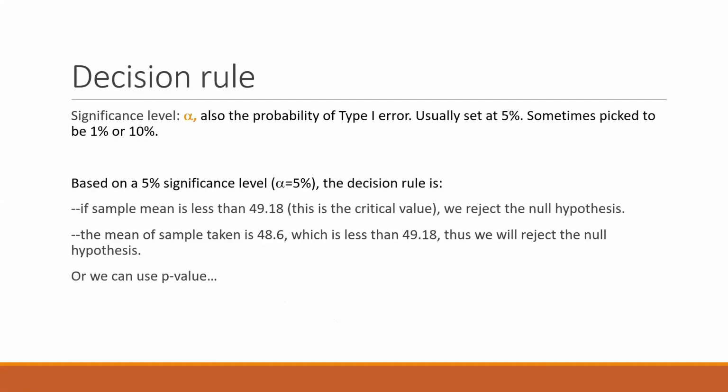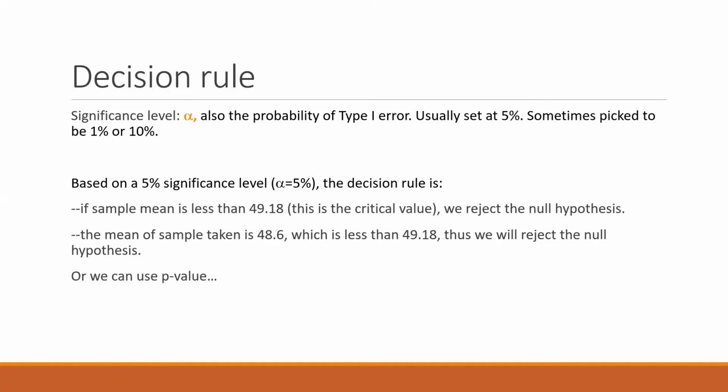As I said, the second step in the list is that we need to determine how accurate we want the test to be. We need to select the level of significance, which is the probability of type 1 error. The default level is 5%, and that is commonly accepted. Sometimes we'll pick it to be 1%, sometimes we'll pick it to be 10%.